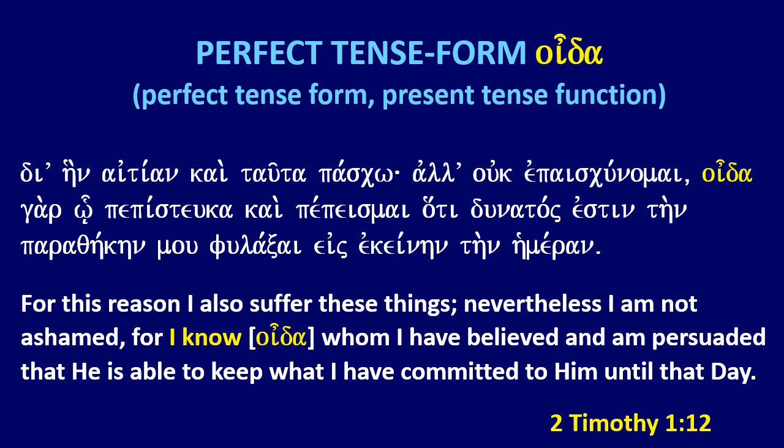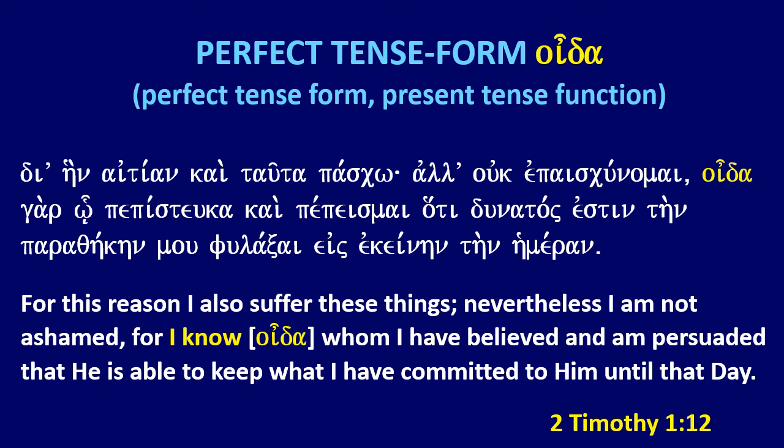So for example, when you're doing your exegesis and you see this particular word and it tells you, as you parse it, that it's perfect tense form, you shouldn't interpret that to mean that it must be speaking of a past action with present significance or present state, etc.